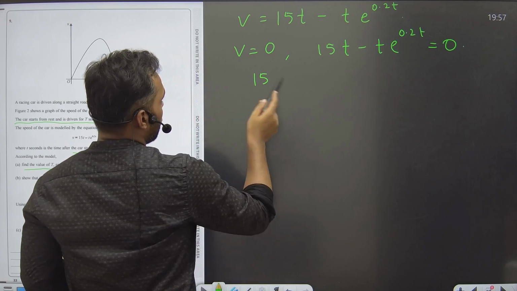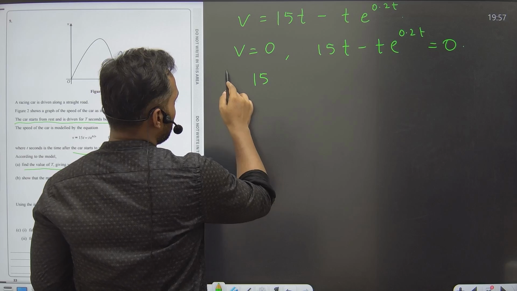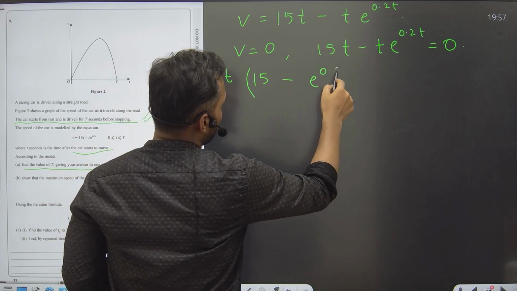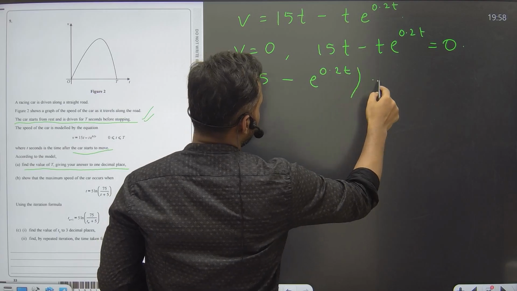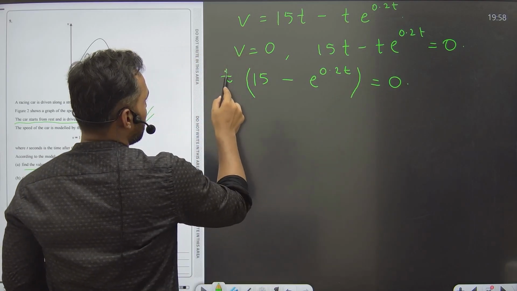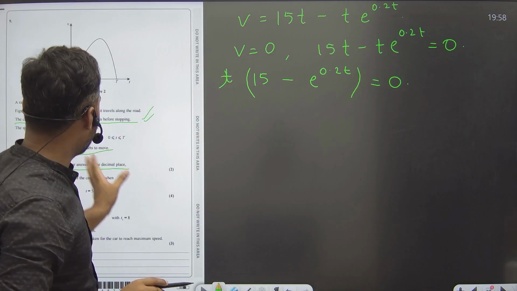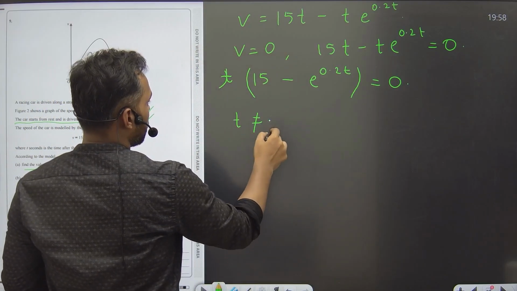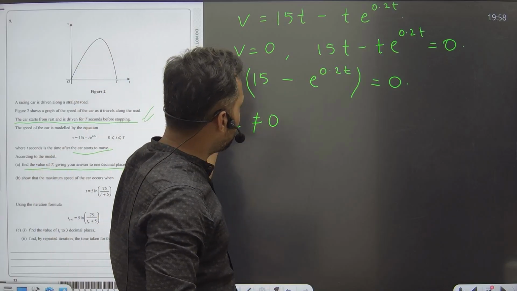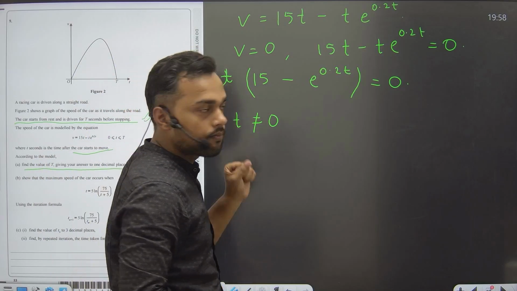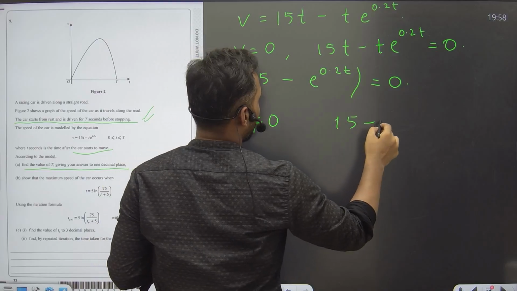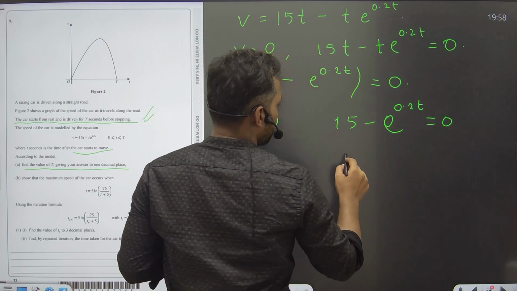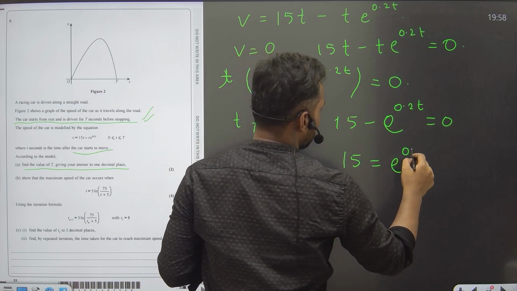From here, students, if you take t as common, you get t times 15 minus e to the power 0.2t equals 0. We know that t can't be 0 because time can't be 0, but in the product format either this part or that part could be 0. So 15 minus e to the power 0.2t equals 0, so 15 equals e to the power 0.2t.